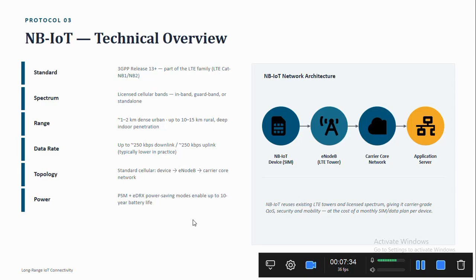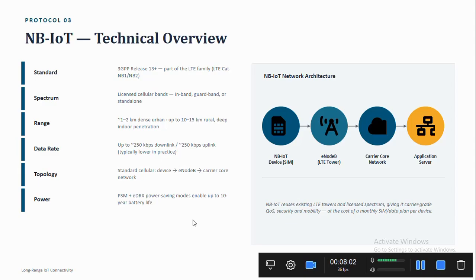That is the NB-IoT network architecture. It is part of the LTE family with licensed cellular bands, that is in-band, guard-band or standalone, with a range of 1 to 2 kilometers in dense urban areas and up to 10 to 15 kilometers in rural areas, with deep indoor penetration.